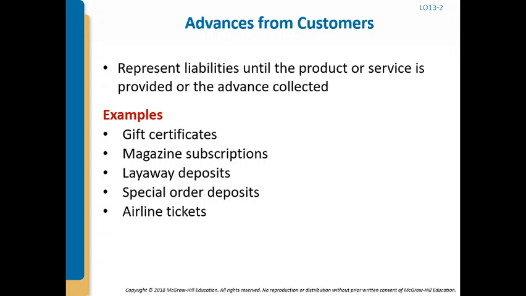And so you're going to supply a good or service in the future, but you require an upfront payment. That would be the most common. And they don't really mention it here, but I guess we could put it under special order deposits. Special because they're not credit worthy, otherwise you'd sell them on credit.